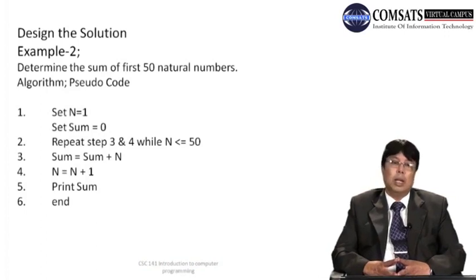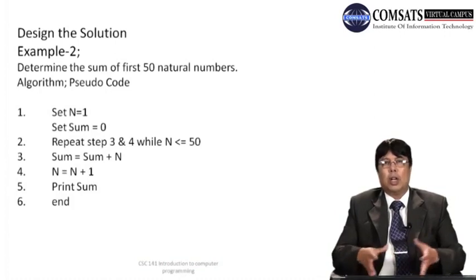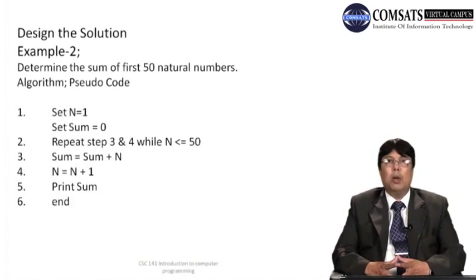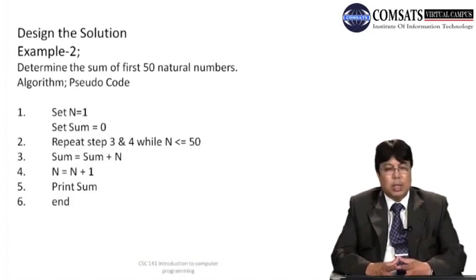So coming back to the pseudocode, step number 1 में we have defined n is equal to 1, then we have initialized sum is equal to 0. Sum is the container that will contain the output. So हमने उस कंटेनर को empty कर दिया, initialize कर दिया 0 के साथ, so that it may not be having any previous data in it.